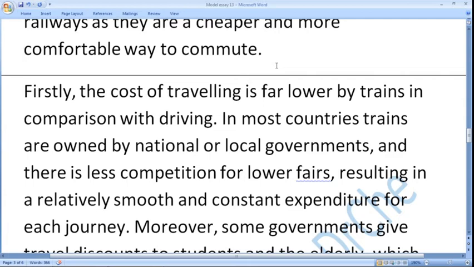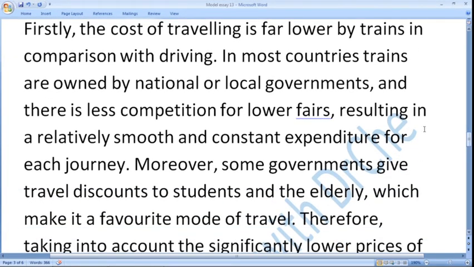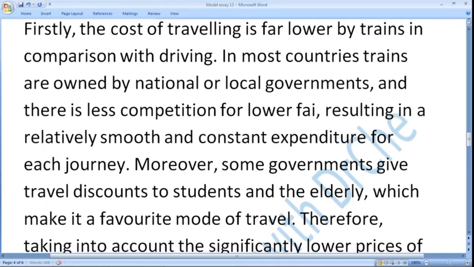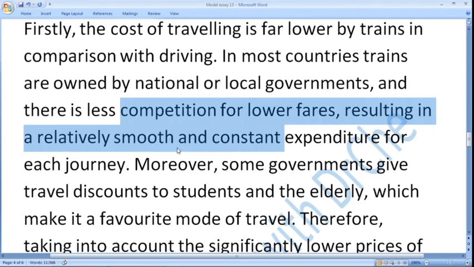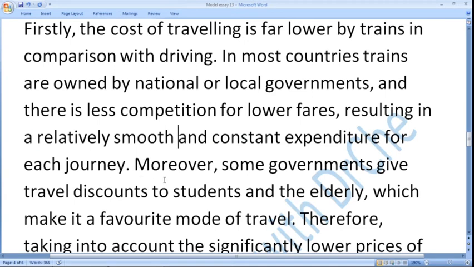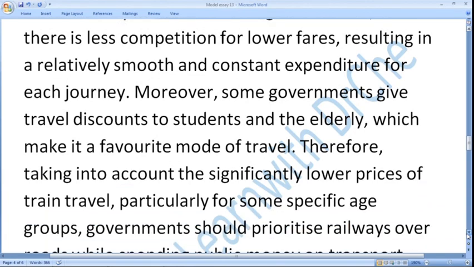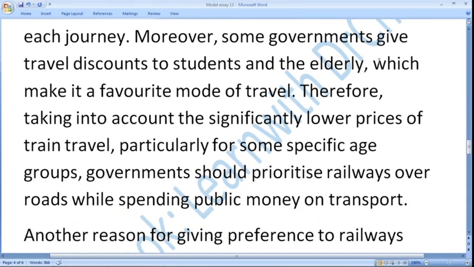Firstly, the cost of traveling is far lower by trains in comparison with driving. In most countries, trains are owned by national or local governments, and there is less competition for lower fares. There is a spelling mistake. Fares is with FARES, resulting in relatively smooth and constant expenditure for each journey. Moreover, some governments give travel discounts to students and the elderly, which make.